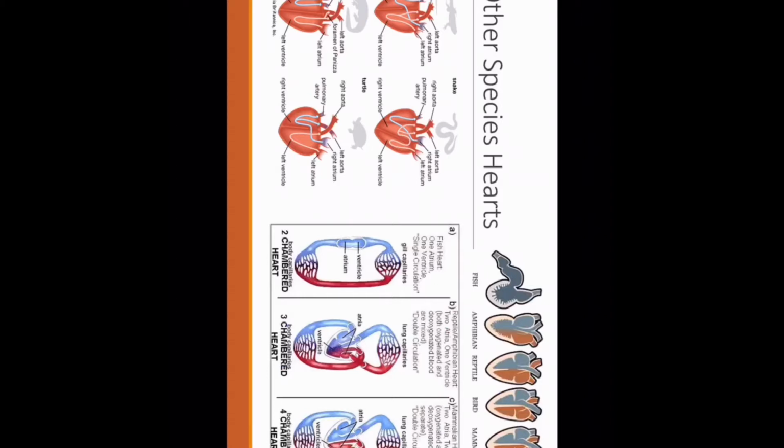The only difference is it's more complex because they're more complex creatures. For example, we have the 2-chambered heart for the lizard, and also the fish has the 2-chambered heart as well, and then 3-chambered, and so on and so forth. Actually, I believe the lizard is a 3-chambered heart. Sorry about that. But all the way up until the mammals, which is going to be the mouse, the human, things like that, with that 4-chambered heart, which is what the research later on that I'm going to be showing is also focusing on.